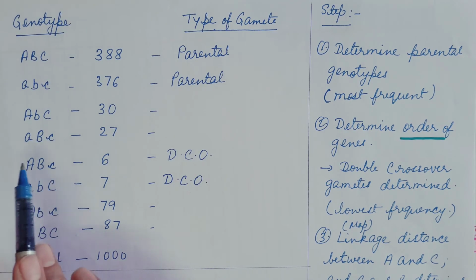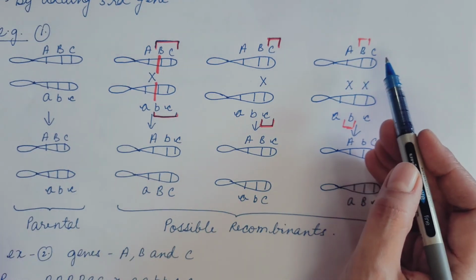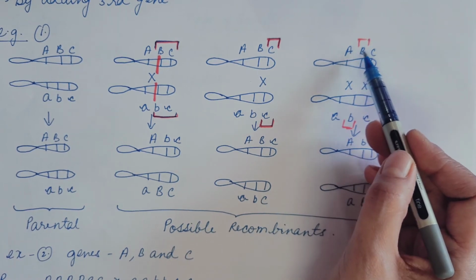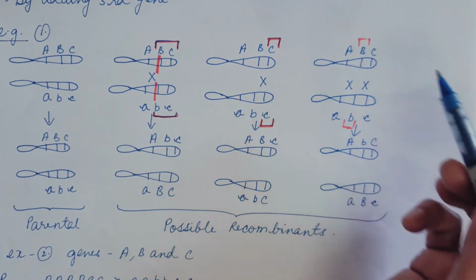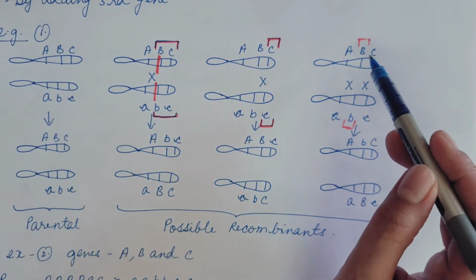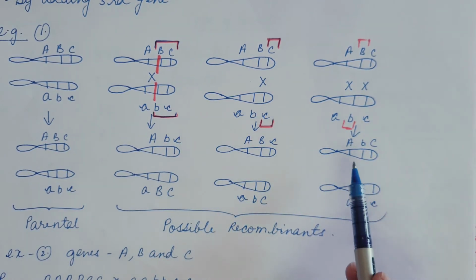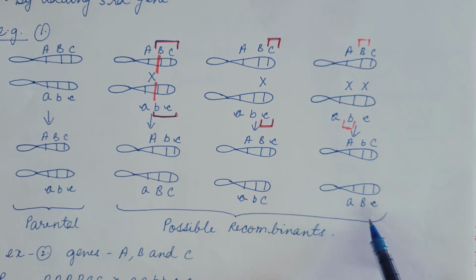From this double crossover gamete, now we can tell the order of the genes, because earlier we have seen that in the double crossover only the exchange of the middle gene takes place. Here if gene B were in the middle, only it would be exchanged and we would get the gametes capital A, small b, capital C, and small a, capital B, small c.